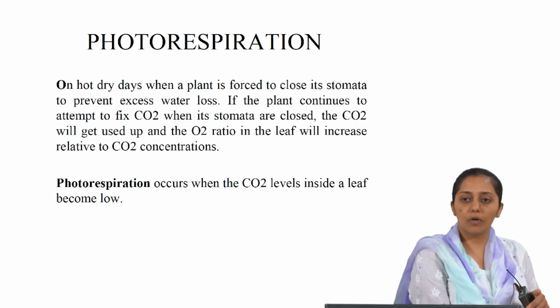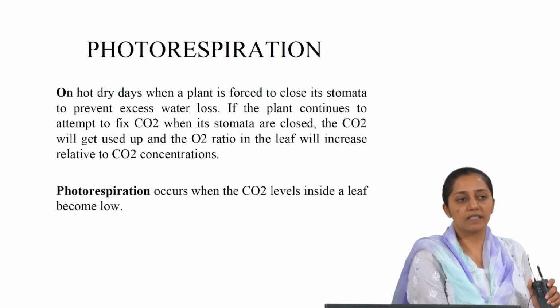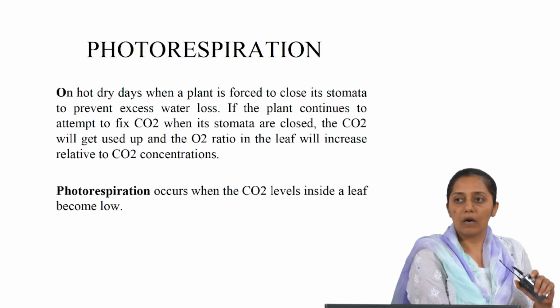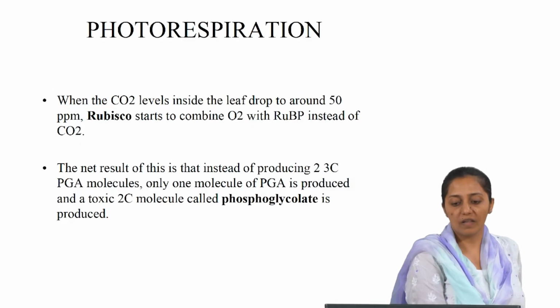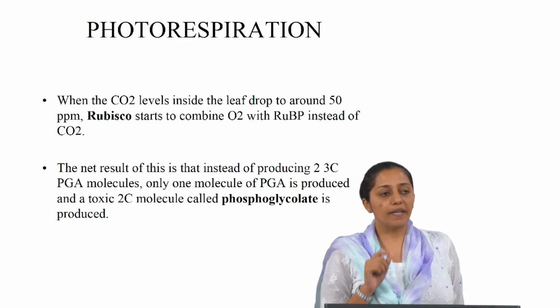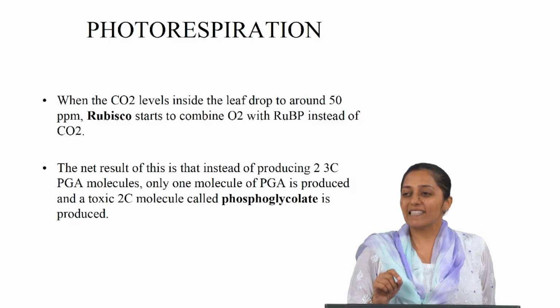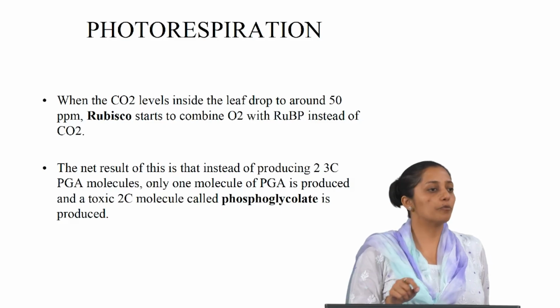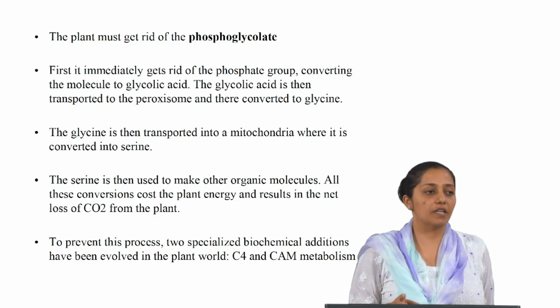This toxic molecule has to be broken down to prevent cell damage. This whole process is called photorespiration. As I said, when the CO2 level in the leaf drops below 50 ppm, rubisco starts acting as an oxygenase.